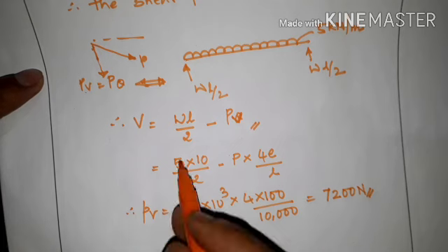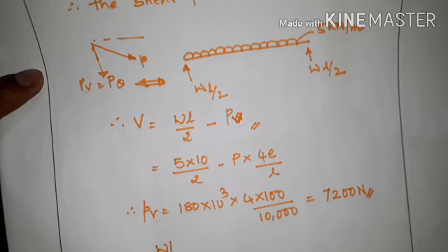And the value of WL by 2 is, W is 5 into 10 raised to 3 to make it in Newton.